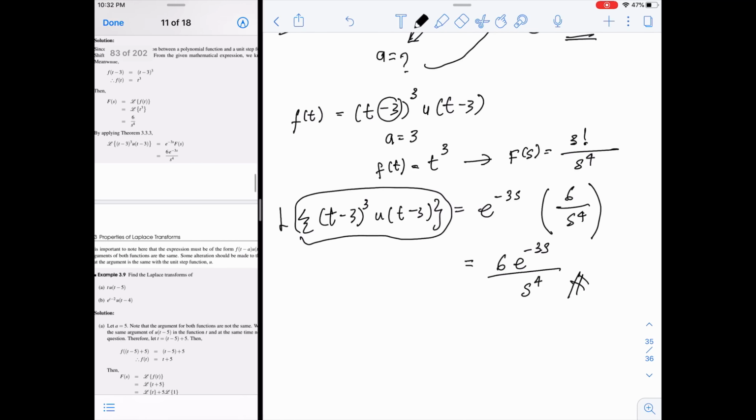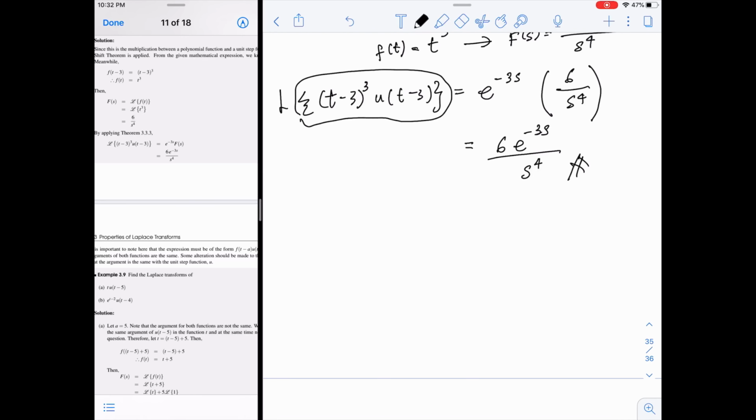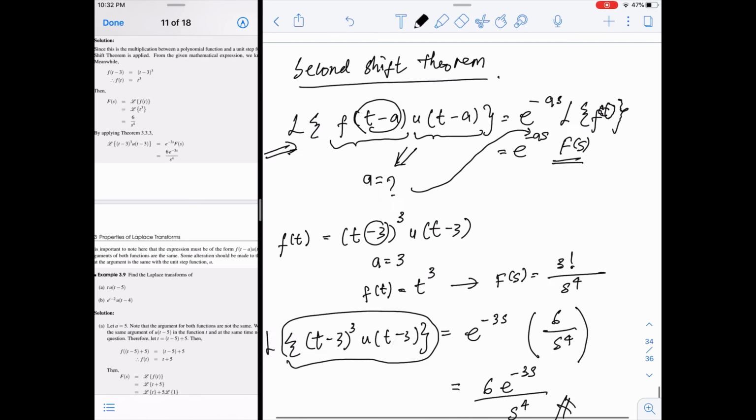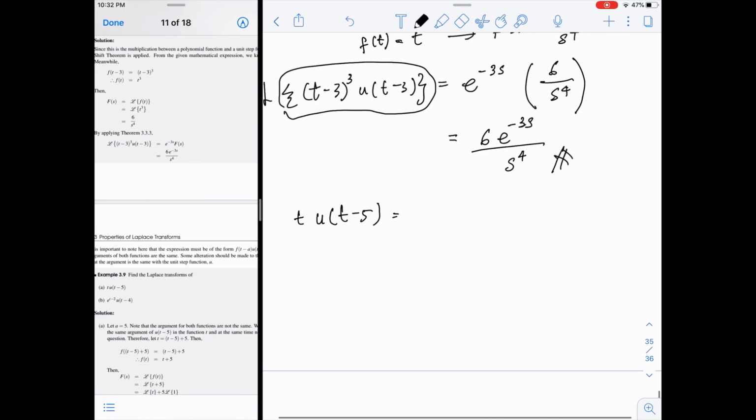Alright, let's have another example. If you want to Laplace t times u of t minus 5, by looking at this, you have one term and another term. However, your function of t over here is not similar to the one in u.